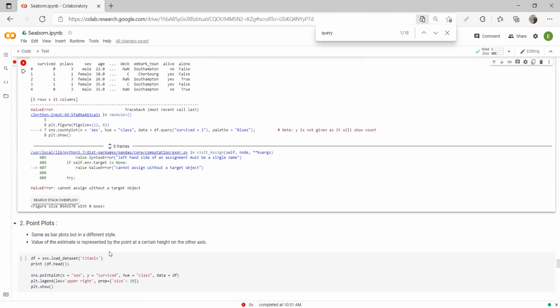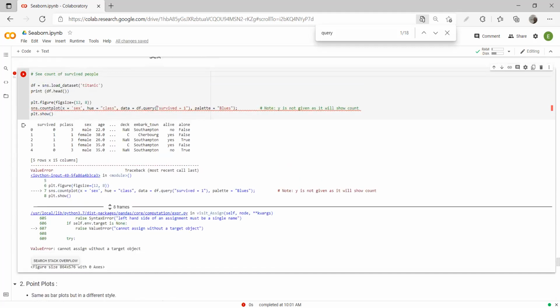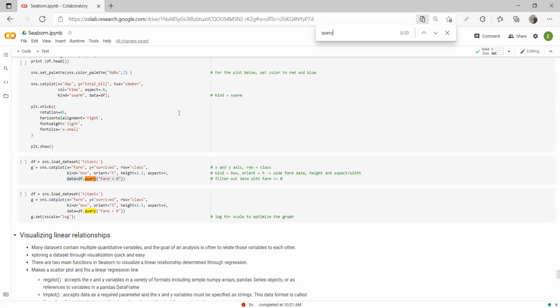So it gives some error. Value error: cannot assign without a target object. That has to be an error over here itself. Survived is equal to 1. df dot query.